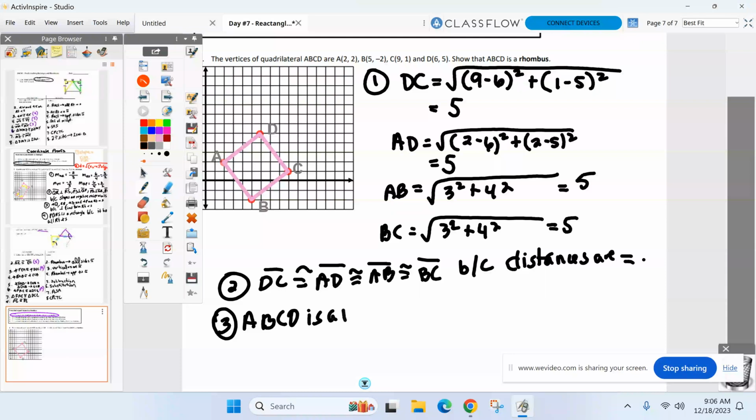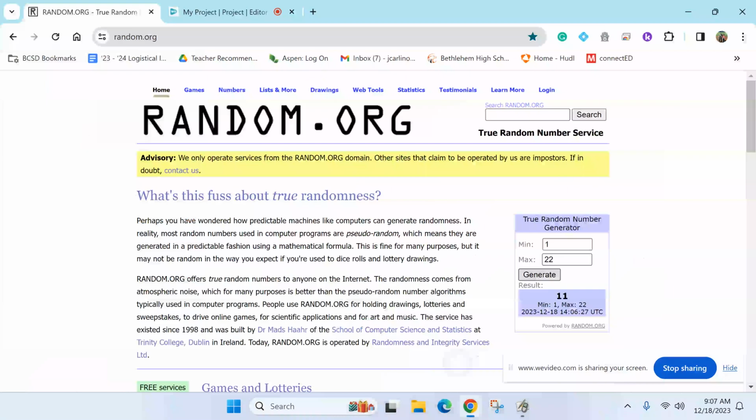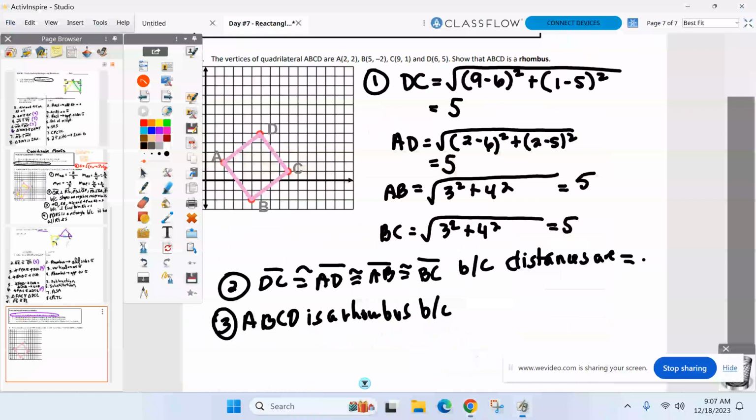ABCD is a rhombus because, and in your own words, how do you know it's a rhombus? What makes this quad into a rhombus here? How do we know? Henry! All sides are congruent. Done. That's all I need. If you have a 4-sided figure where all sides are congruent, it's got to be at least a rhombus.